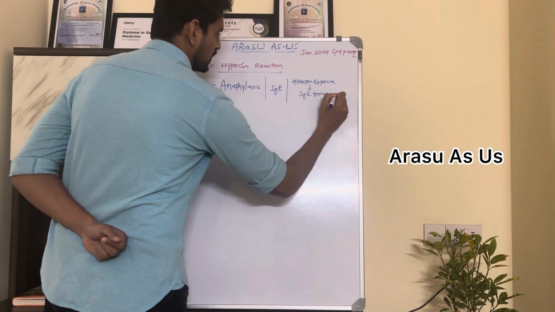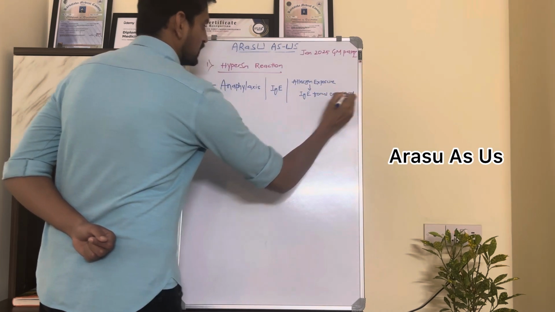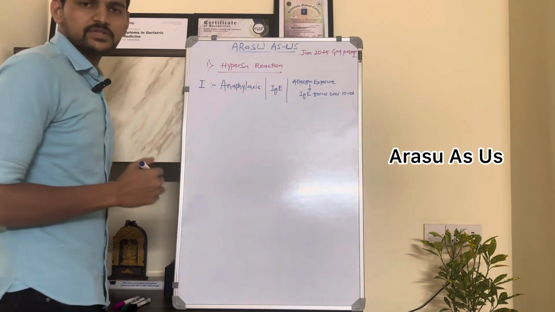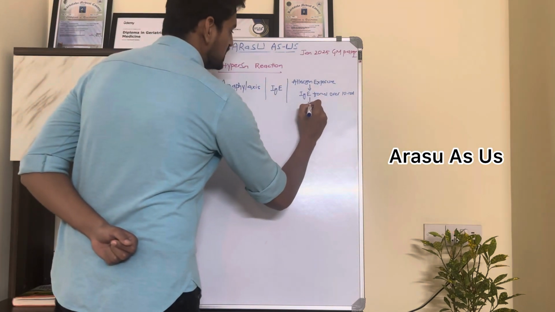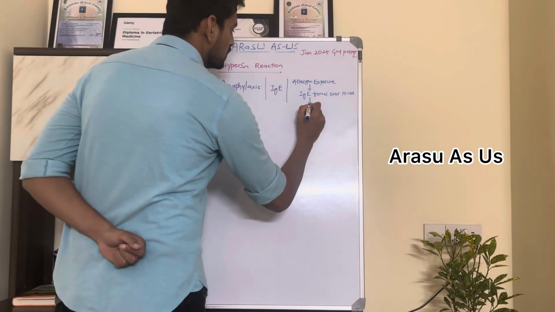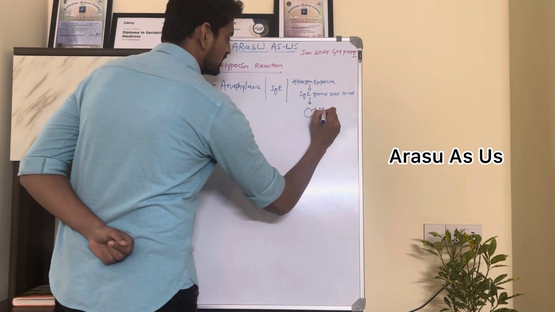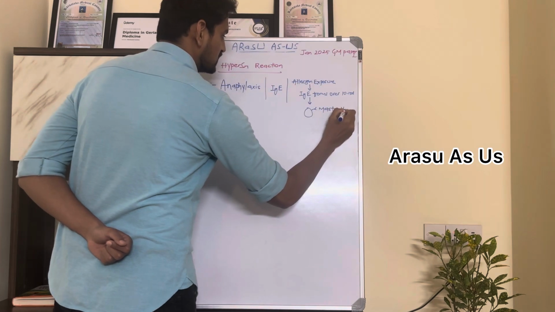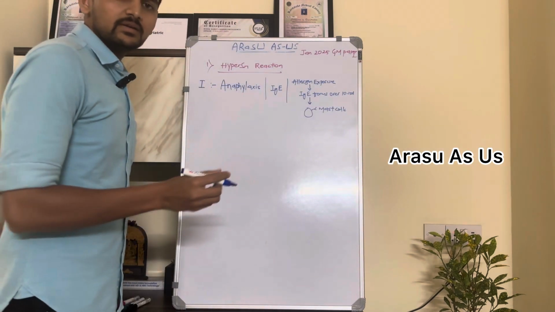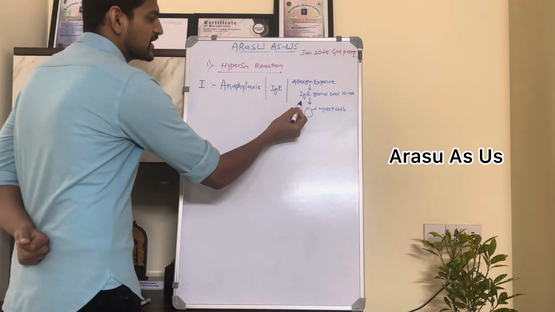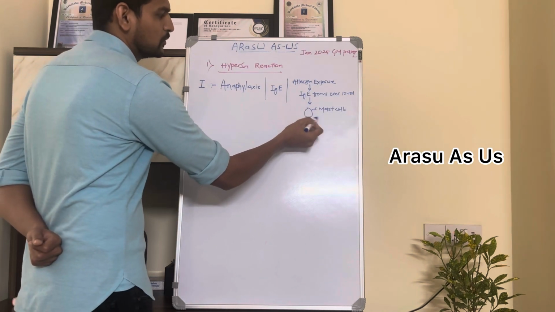So if the person is prone to have this type 1 hypersensitivity genetically, then these IgE will go and will be placed over the surface of mast cells. So when there is exposure to the same allergen for the second time, there will be exaggerated response from these IgE over the mast cell.